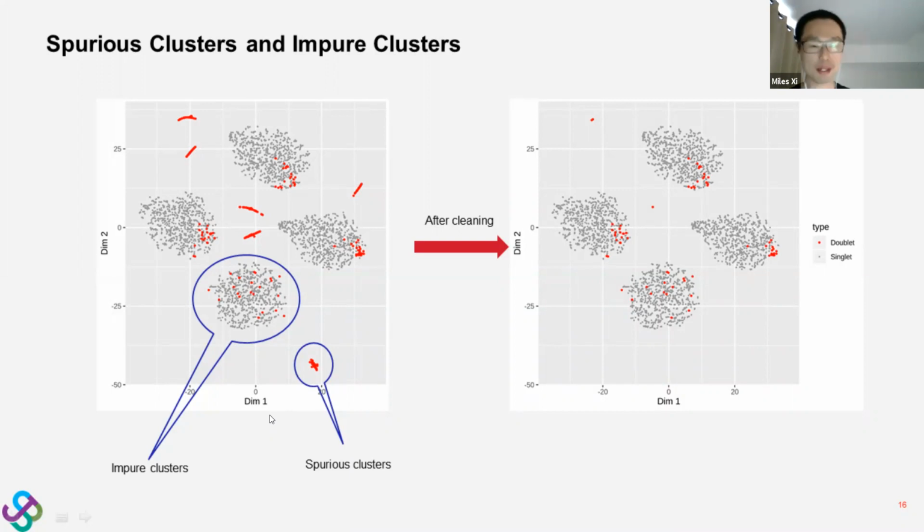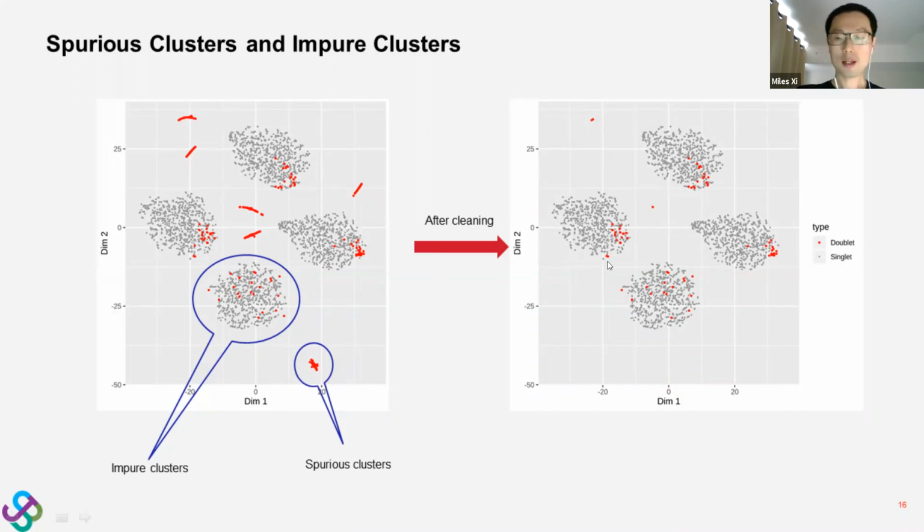So anyway, you see those red clusters, right? But they're not true clusters. They're just doublets, which should not exist here. And then you want to remove your doublets so that all those fake clusters will be gone.